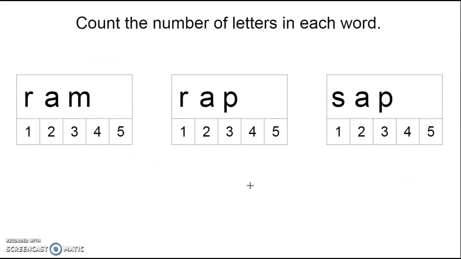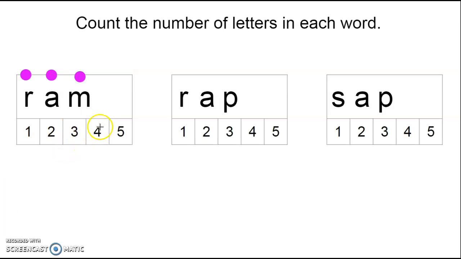Now, we're going to do the same thing, but our words have gotten a little bit longer. Let's begin. Our first word is ram. R-A-M spells ram. Let's count. 1, 2, 3.